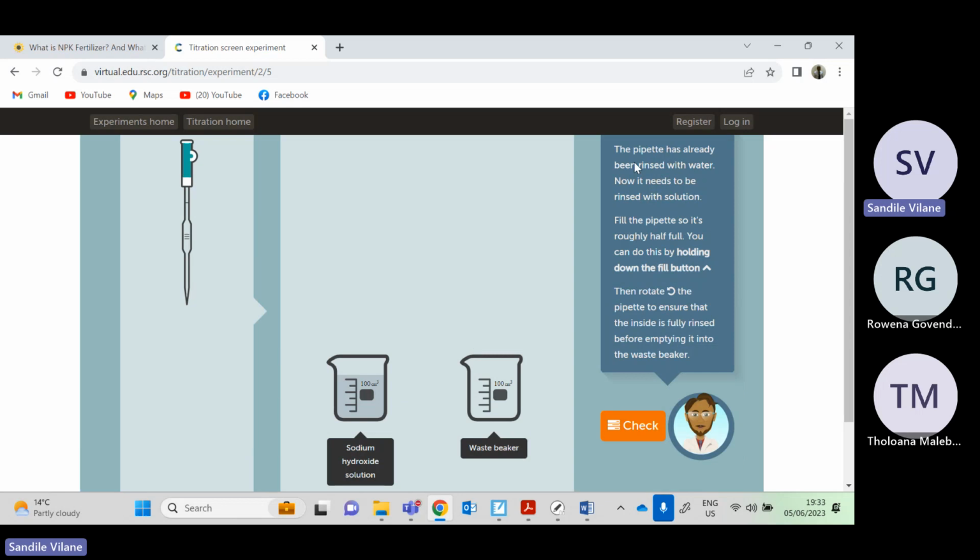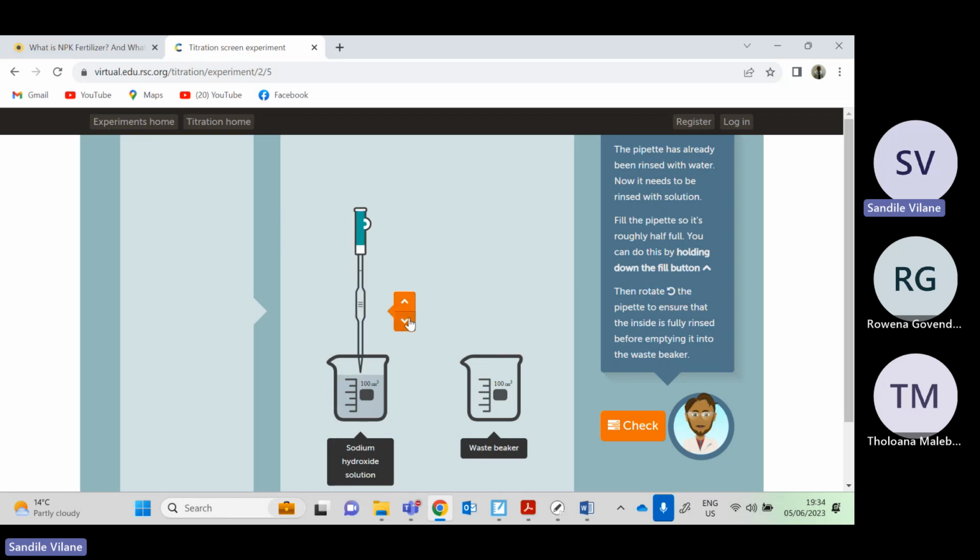Okay, now the pipette has already been rinsed with water. Now it needs to be rinsed with solution. Fill the pipette so that it is roughly half full. You can do this by holding down this button, then rotate the pipette to ensure that it is rinsed. Okay, so let us do that.